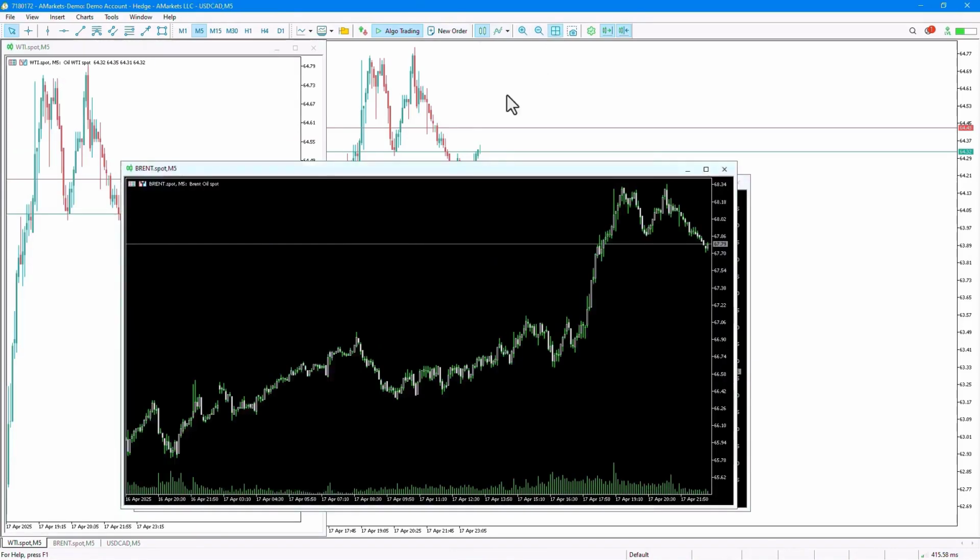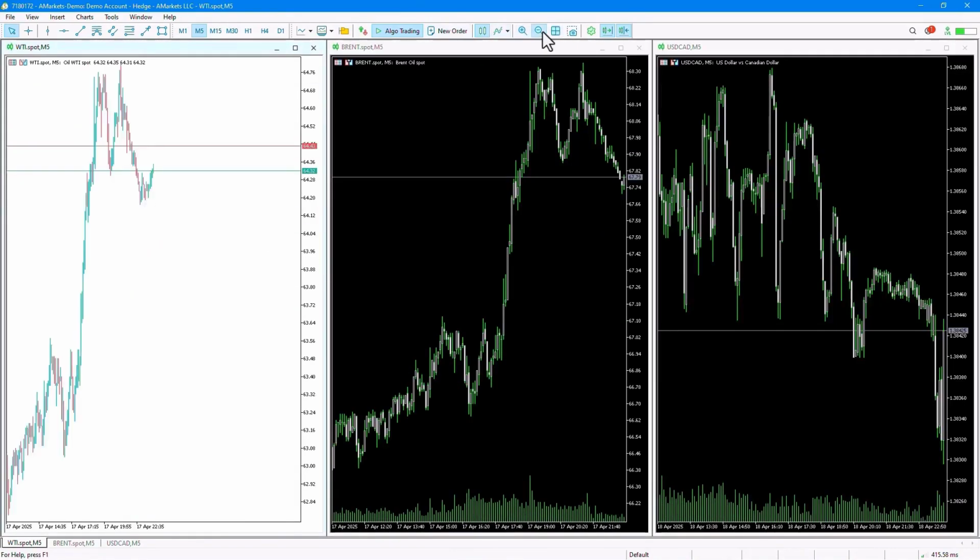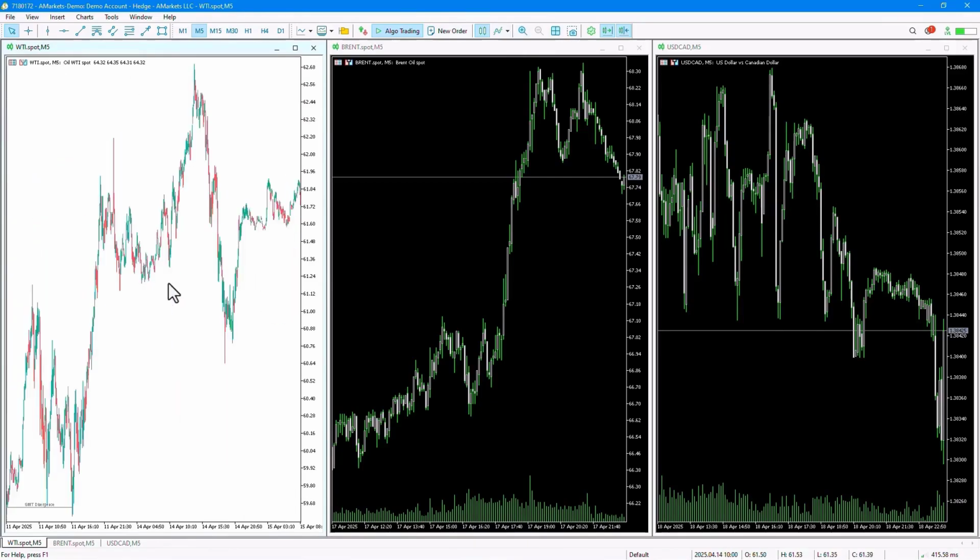Once the indicator is executed on the chart, it begins to identify SMT divergences on the price chart.